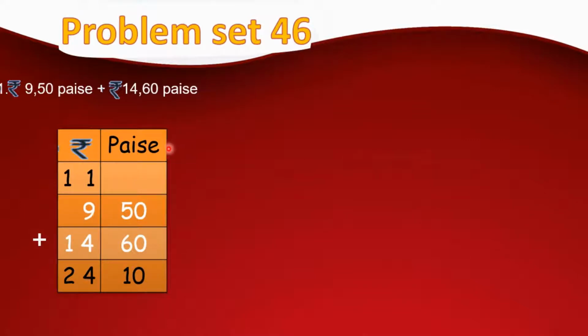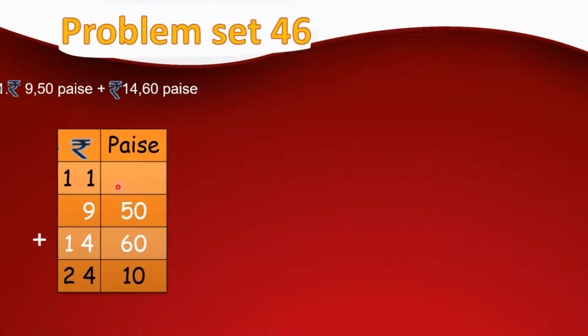So let us add. We can do this addition like we normally do with whole numbers. So we do 0 plus 0 is equal to 0. 5 plus 6 is equal to 11. So 1 we write in the paise column and 1 is carried over to the rupees column.